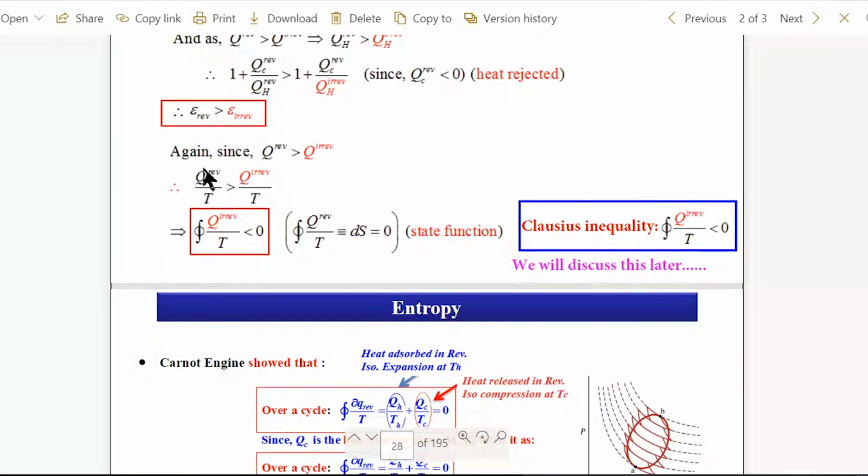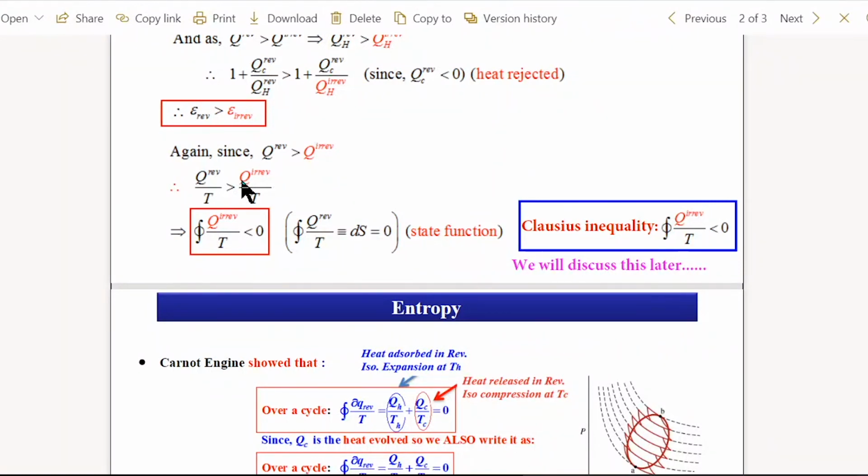I'm just saying the ratio of Q reversible by T will be greater than Q irreversible by T, right? Agree? Yes, ma'am. So if the integral for a Carnot cycle is equal to 0, that means this has to be less than 0. Understood?